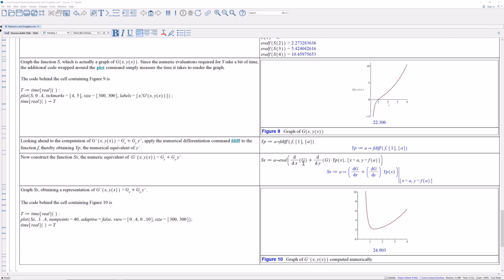Let's differentiate g with respect to x. So it's got an x in there, dg/dx. How about the derivative with respect to y times y prime? Now, yp is a function of a, but it's a function, so I can use x as the independent variable.